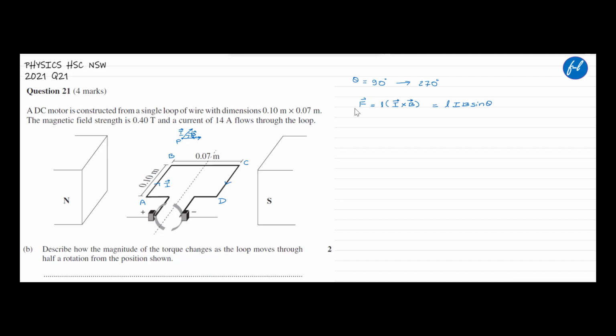The right hand rule says you have to see the direction in which the screw, if you keep it at P, will advance when I move the screwdriver from I to B through the smaller angle. So it will be moving into, so moving down.